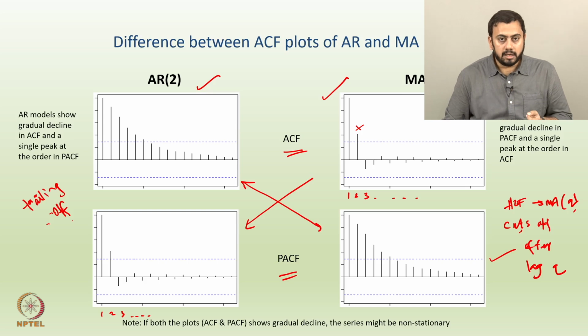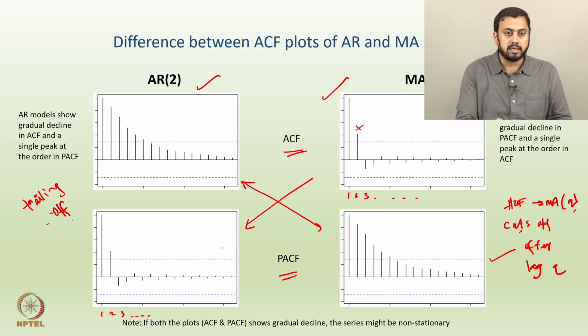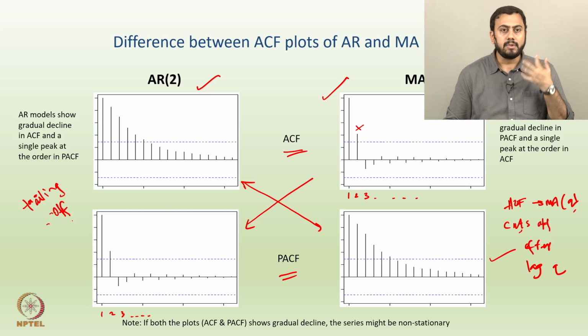Right. Similarly, if you want to identify a particular AR model of a certain order p, then one has to focus on the PACF plot, and an exactly similar structure can be seen here, right. So, to summarize this slide: identifying an AR model could be done easily using a PACF plot, while identifying an MA model could be done using an ACF plot, right.